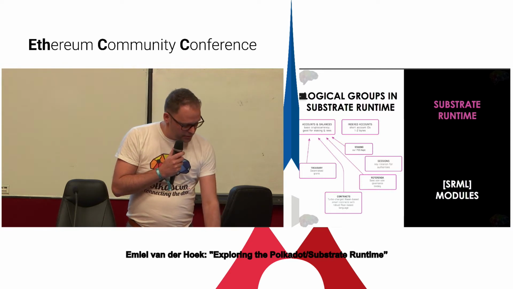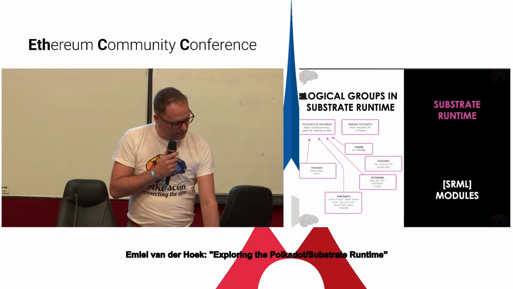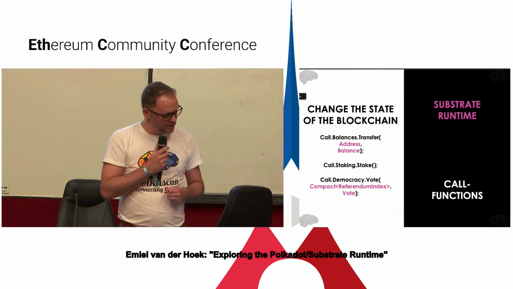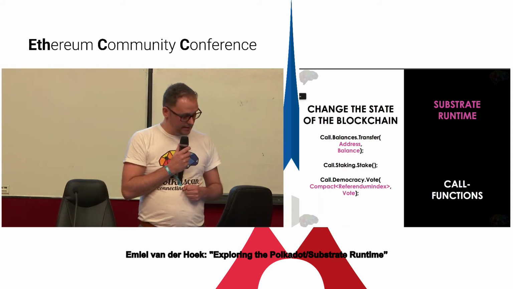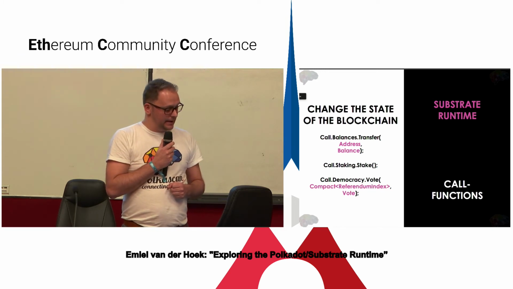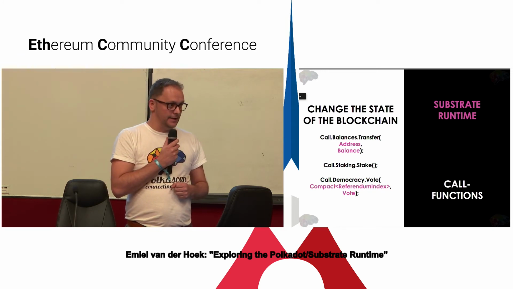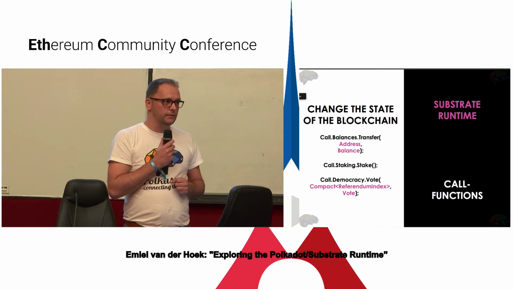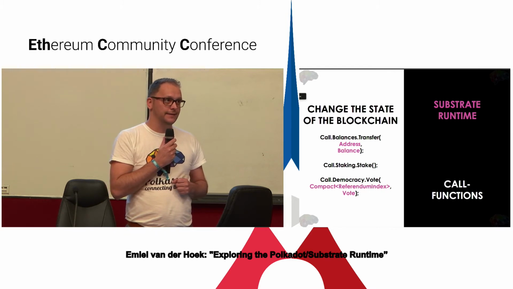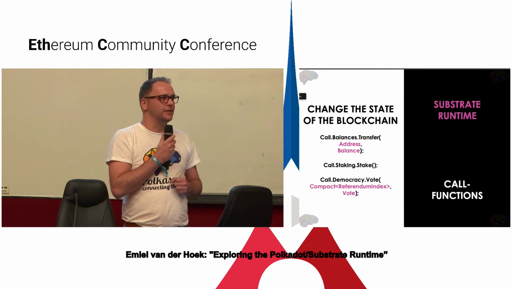And these modules have a number of special functions in them. One is call functions. These basically define what your blockchain can do. You can call these from the outside, and you could look at them as your transaction types.